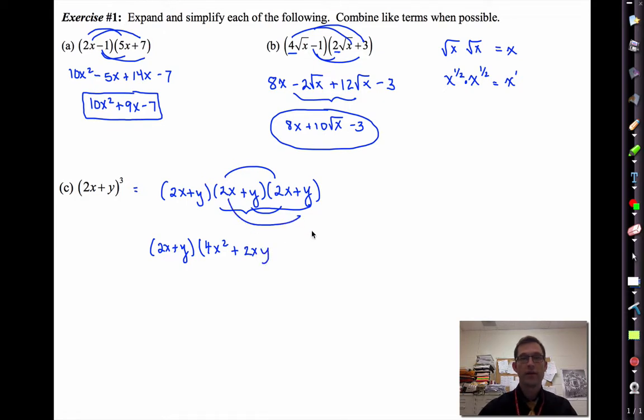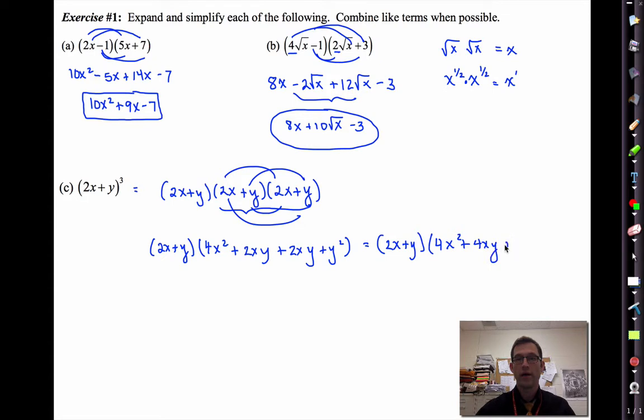Here I'll get a 2xy, notice those terms are identical, and here I'll get a y squared. We could then multiply through by this, but it probably makes some sense to at least clean up that polynomial expression by combining those two like terms into 4xy plus y squared.